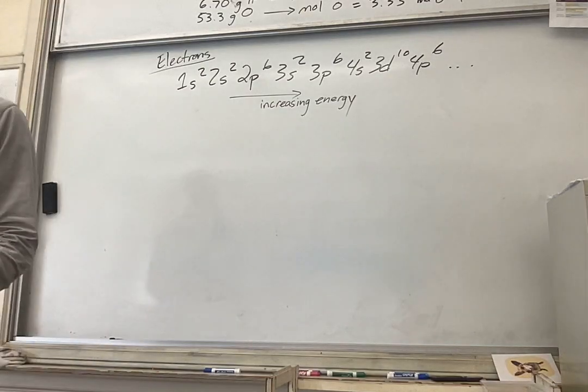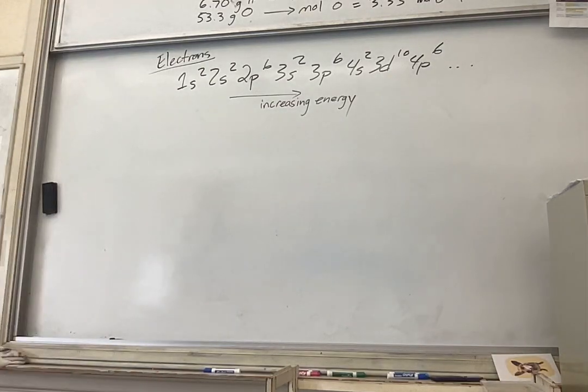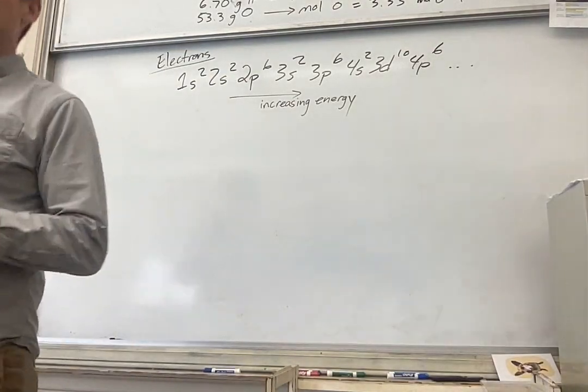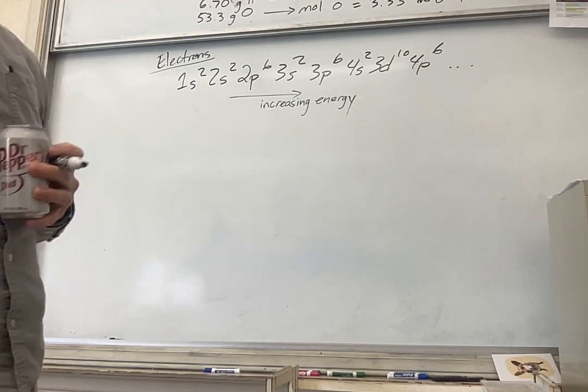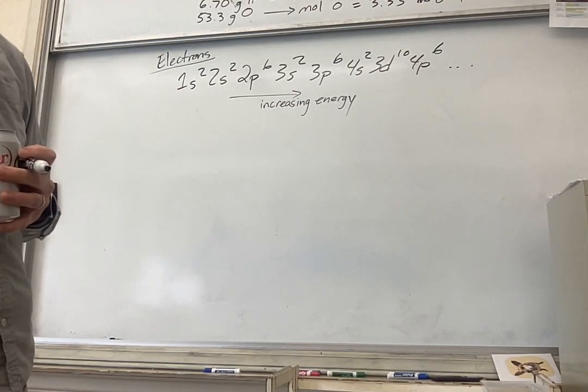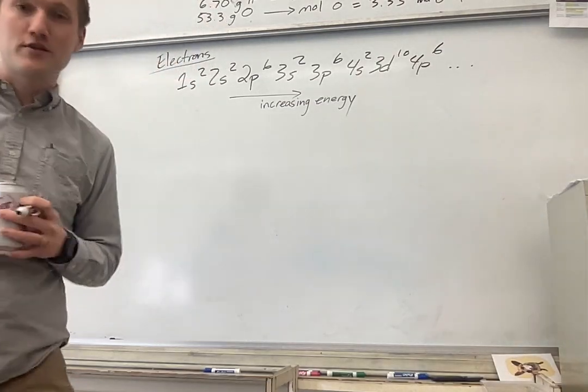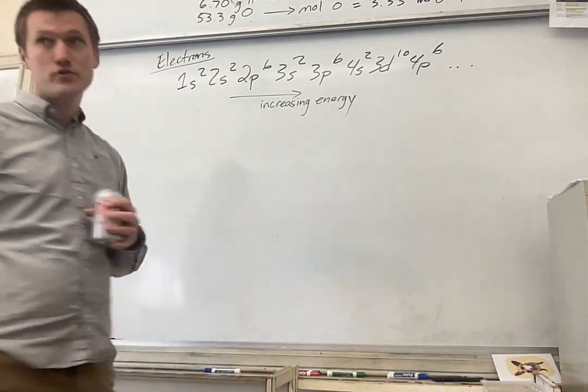There is almost certainly going to be a free response where they ask you to write the electron configuration for this element or this ion. It's on the periodic table if you press it. Or if you have a fancy calculator, you can make your periodic table tell you the electron configuration.